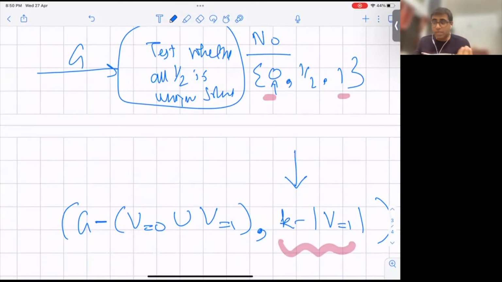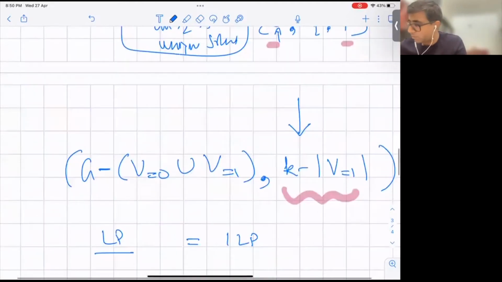So this is why testing whether all half is a unique solution can also be used to test whether a graph has LP equal to ILP or not. That's one thing I wanted to tell you last time, which we did discuss, but I wanted to give you the why.